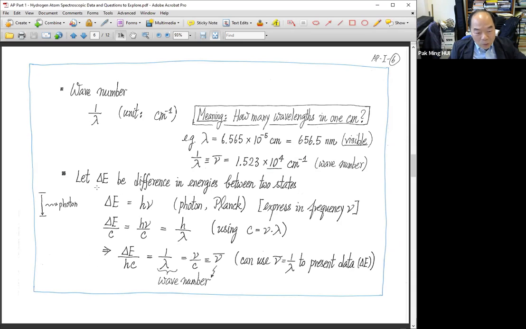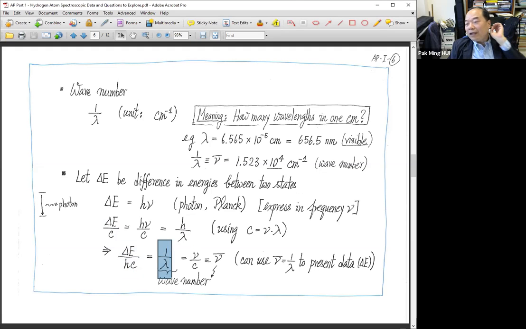So if we want to look into delta E, the difference in energy, we usually use the photon energy, h nu, in physics. But if we divide it by c, that is h over lambda. If we divide this energy difference by the constant hc, this is the wave number.